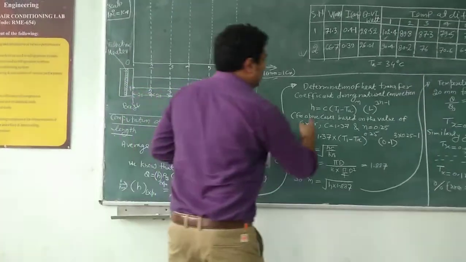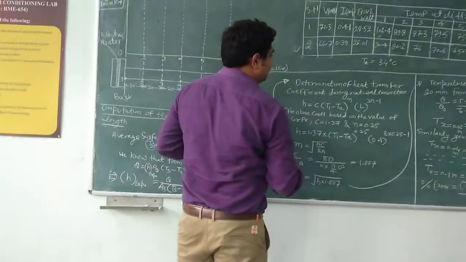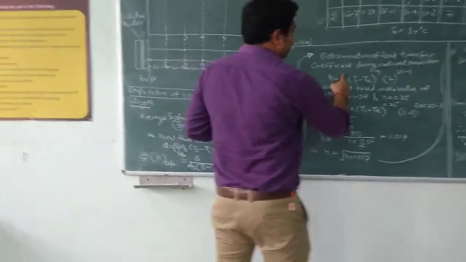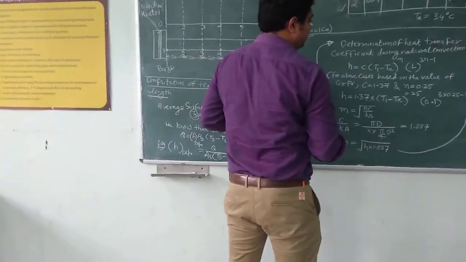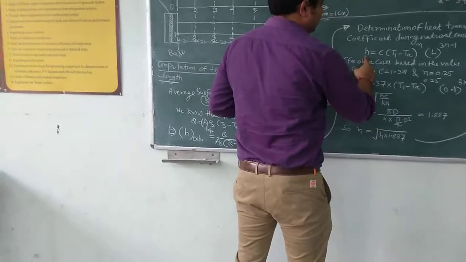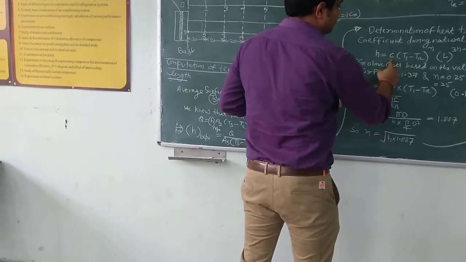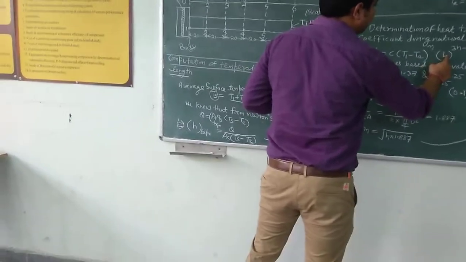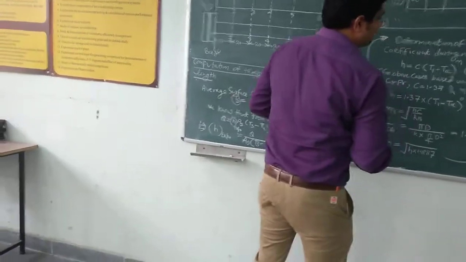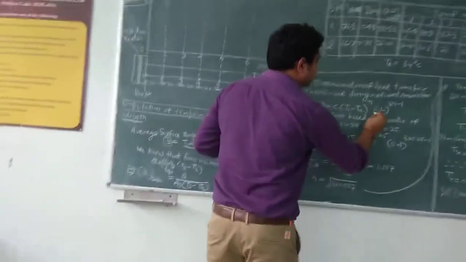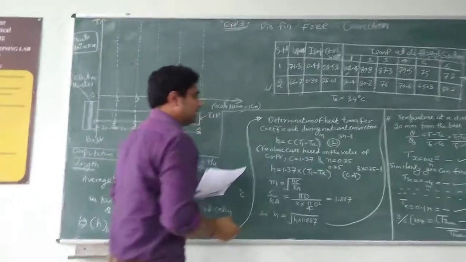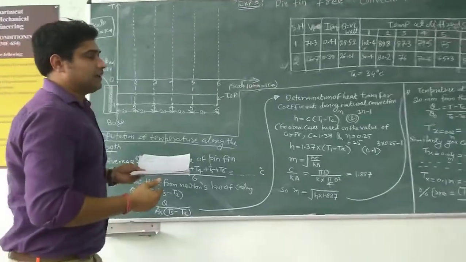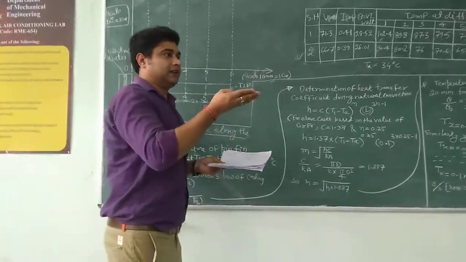Now, how can we determine the heat transfer coefficient during natural convection? Using the theoretical correlation. So you can see h is equal to C into (T1 minus Ta) to the power n, multiplied by L to the power 3n minus 1, where L is the characteristic length, and in the apparatus the cylindrical fin is placed vertically.